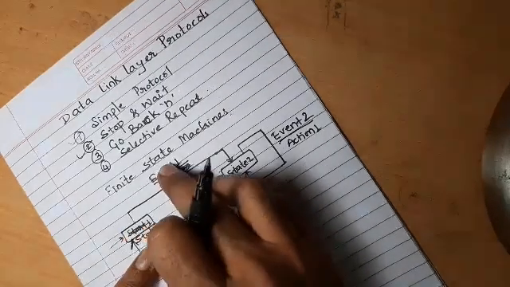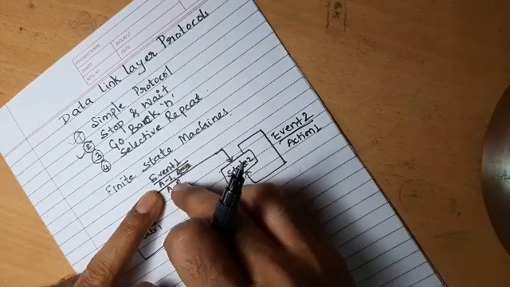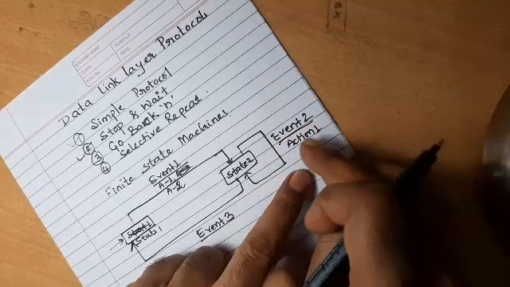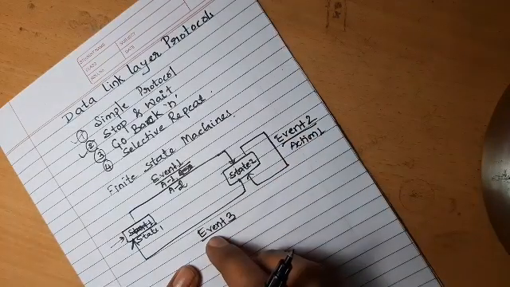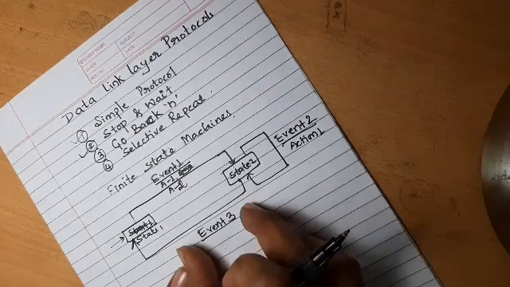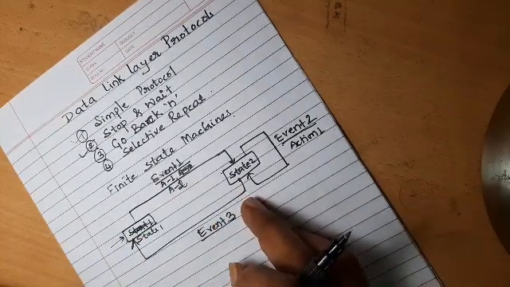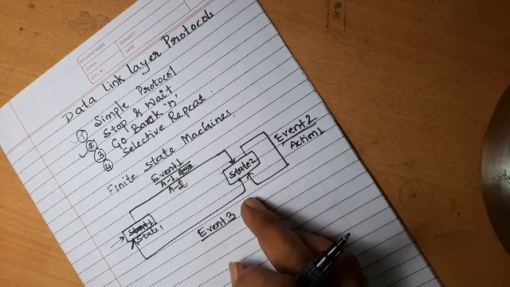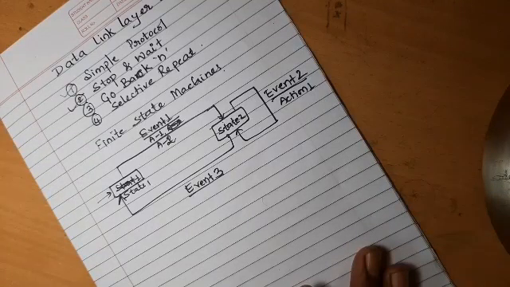Whenever event 1 occurs, there are 2 actions happening. Whenever event 2 occurs, 1 action is happening, and whenever event 3 occurs, no actions are happening, but it still changes its state from state 2 to state 1. So this is one simple example of a finite state machine.